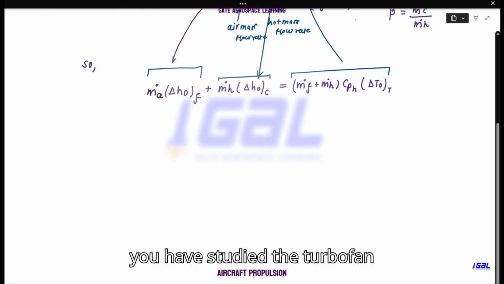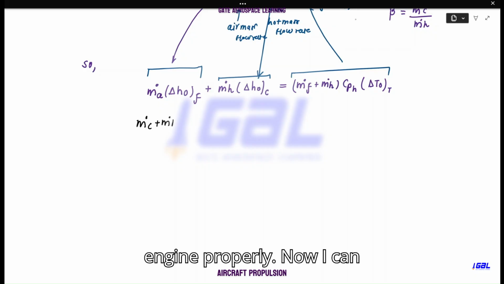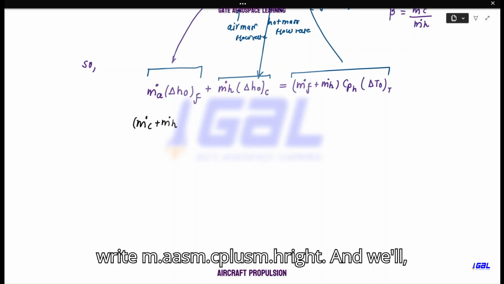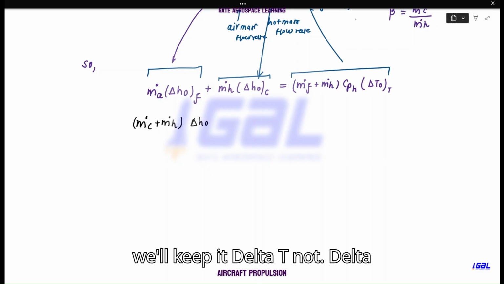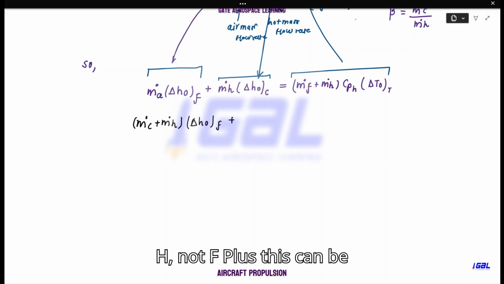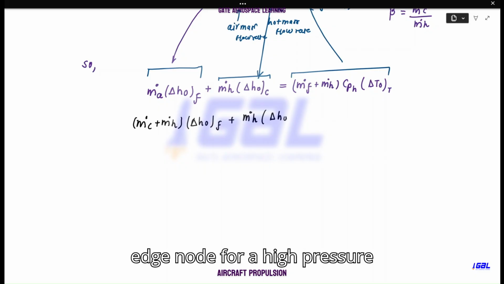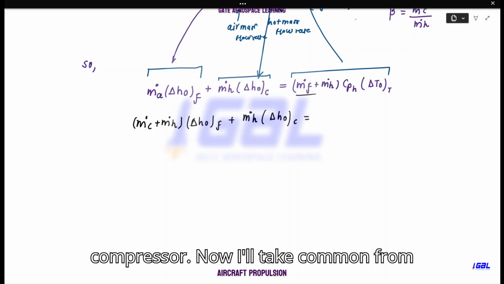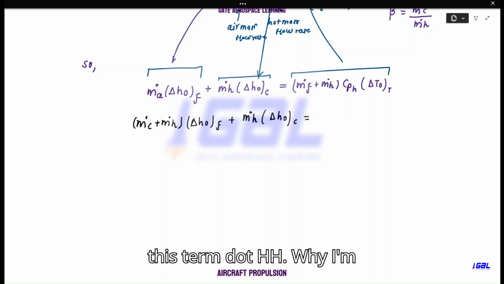Now I can write m dot a as m dot c plus m dot h, right? And we'll keep it delta h naught f, plus this can be written as m dot h delta h naught for a high pressure compressor. Now I'll take m dot h common from this term. Why am I taking this?